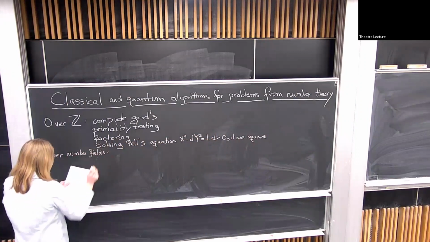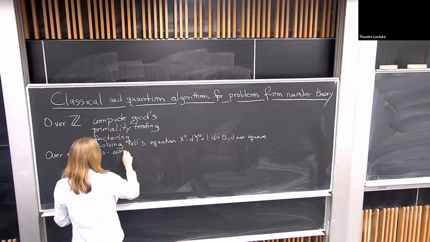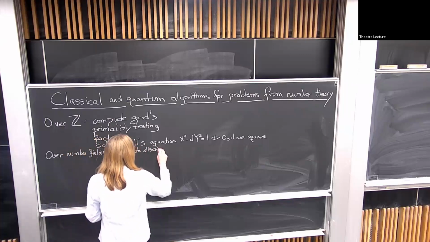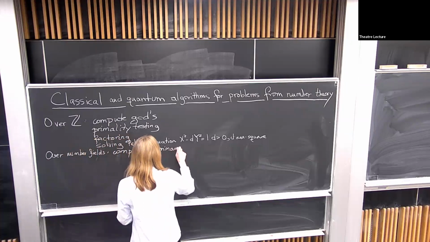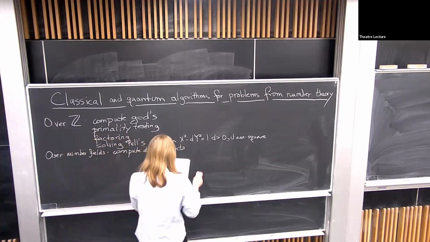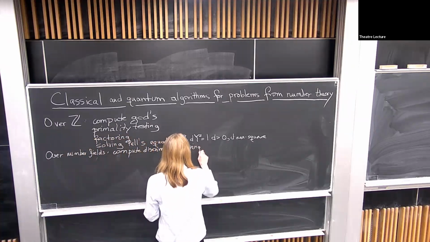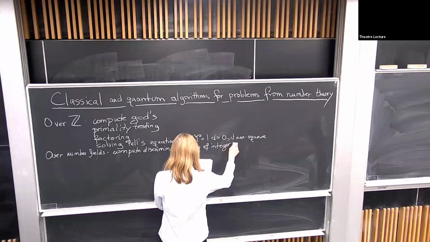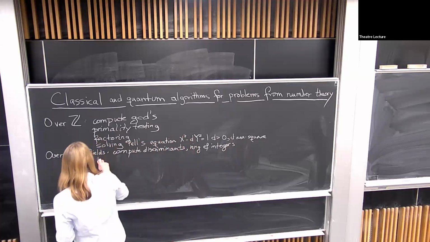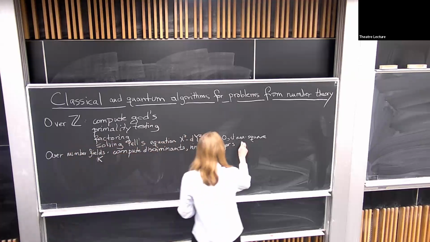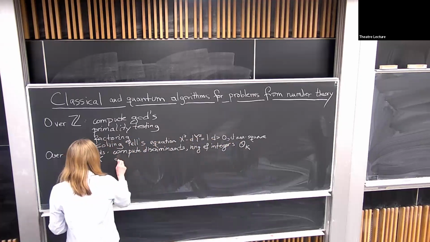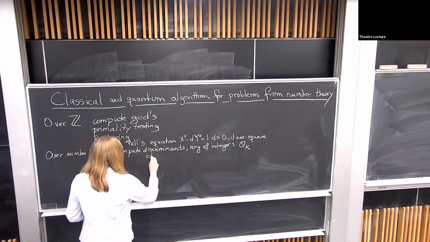And then some more problems. For example, computing discriminants. Once we can compute discriminants of the number field, we can also compute the ring of integers. So let me refer to the number field as K, and the ring of integers as OK. We have computing the class group.